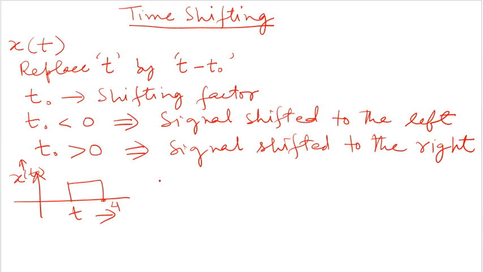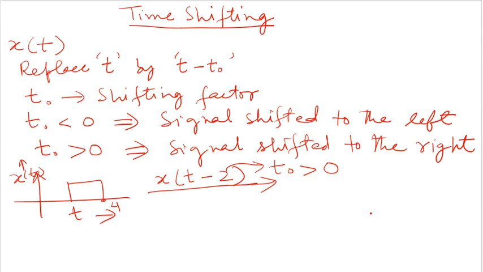Now if you have been asked to draw the signal x(t minus 2) from this given signal x(t), compare with the form I already told you: this is t naught, which is 2. So this t naught is greater than 0.